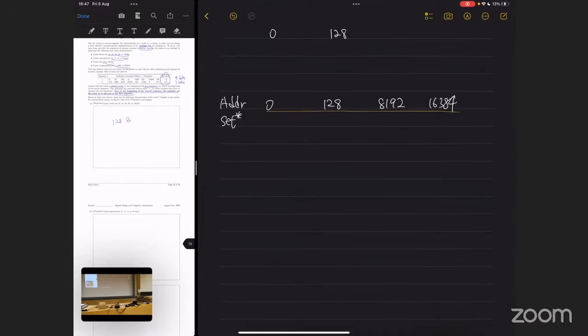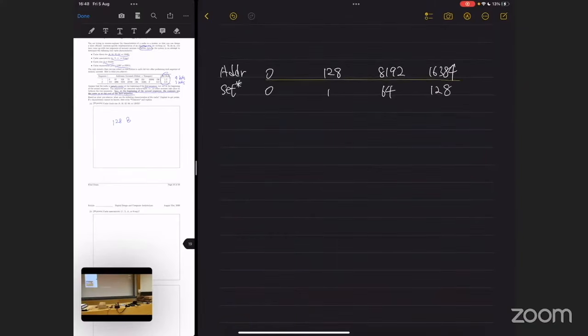If we divide all of these by 128, we have 0, 1, this one would be 64, this would be 128. So we can see that this and this address will map to the same set regardless of the cache size or associativity, because they're both multiples of 2.